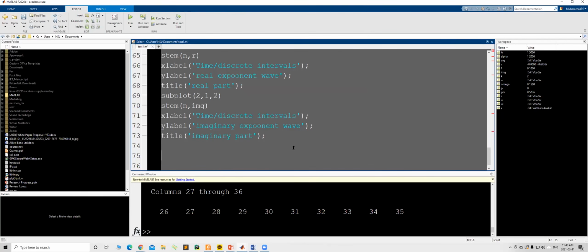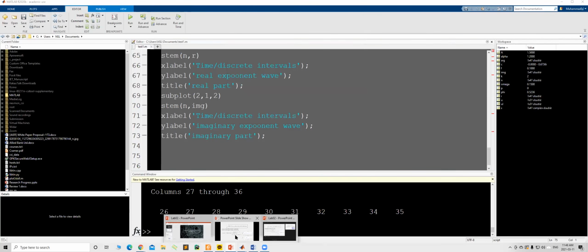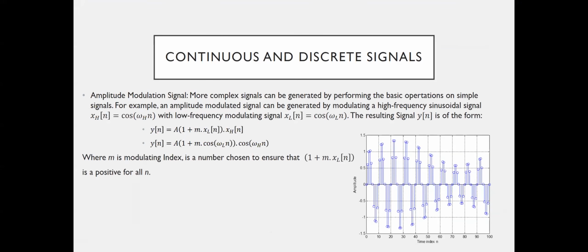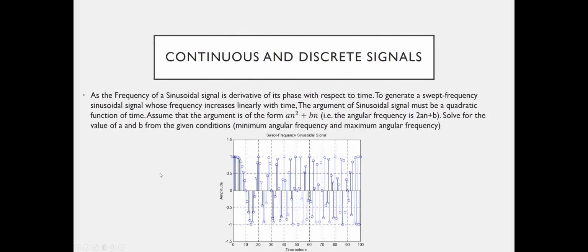Now, I think you should do some practice on amplitude modulation. The equation is there, and try to plot something like this. I have also given you the detailed description, so try to plot this one. And this one is the swift frequency.